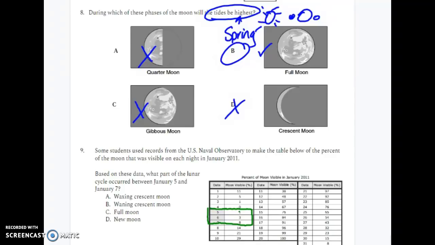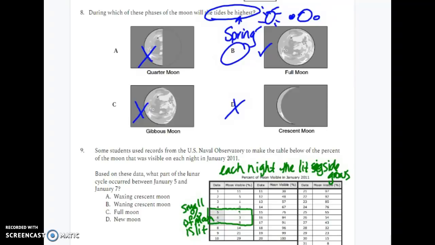So number 1, we know that a very small percentage of the moon is lit, and it is growing each night. So each night the lit side grows.